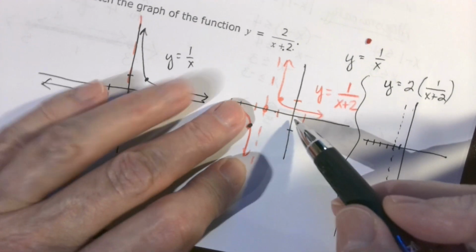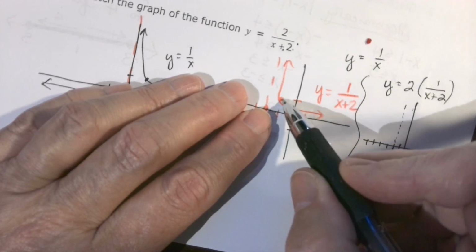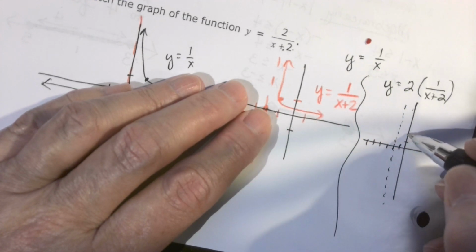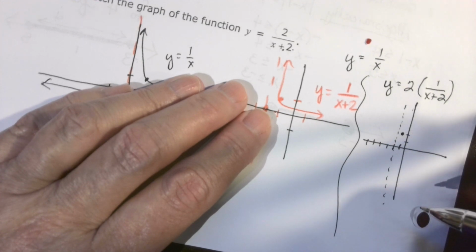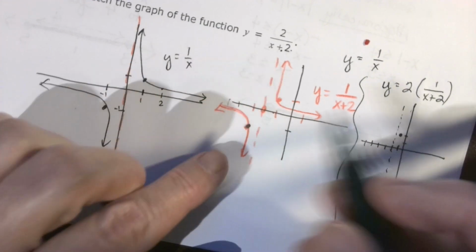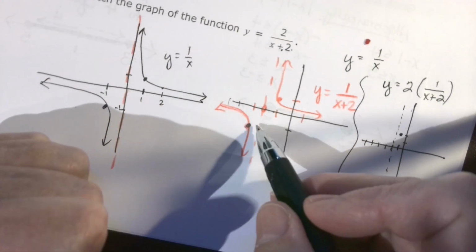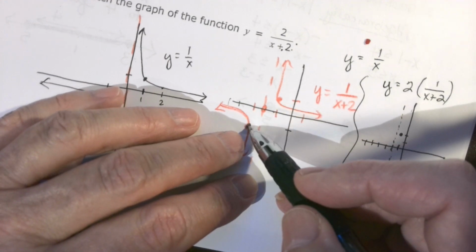This point right here is -1, 1. So the y part is 1. Multiply it by 2. So at -1, it's going to be at 2. This point right here is -3, -1. So -1 is the y.